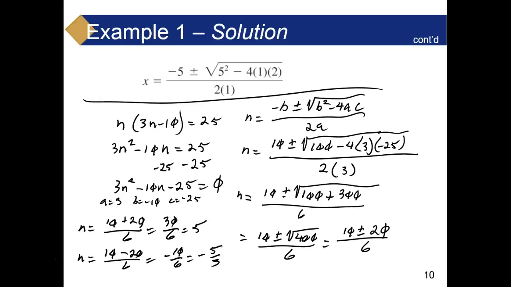And this one would have been 3n plus 5, because you have to multiply by 3. 3n is equal to minus 5. Add 5 to both sides. You get 3n plus 5 is equal to 0. That would have been your other factor. So once you have the answers, you can figure out what the factors would have been, but you don't need to do it.